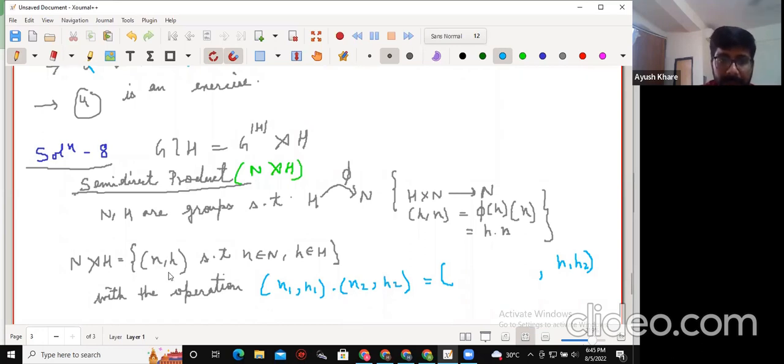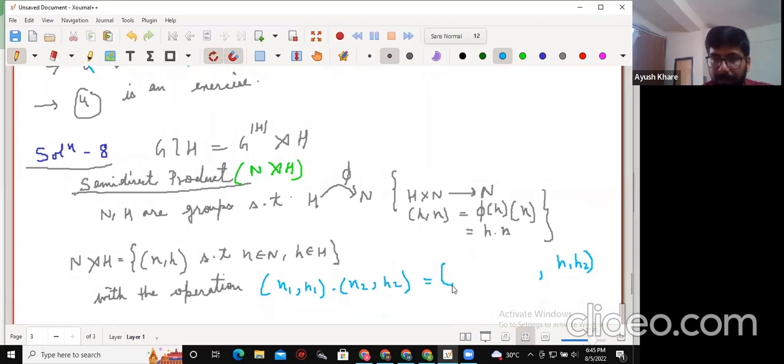Because it's a subset of this set. As a set it is n cross h, right? But when you look at it as a group, then in n cross h you have coordinate-wise multiplication. While in semi-direct product you have a different operation. But as a set, it's the same as n cross h. So this coordinate should be inside your n. So whatever you write here, it should be inside n.